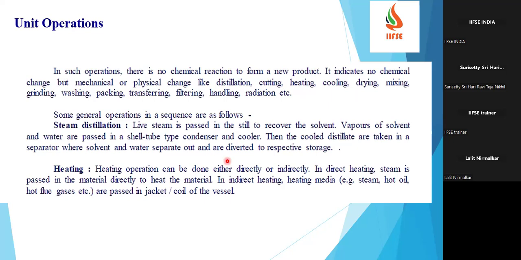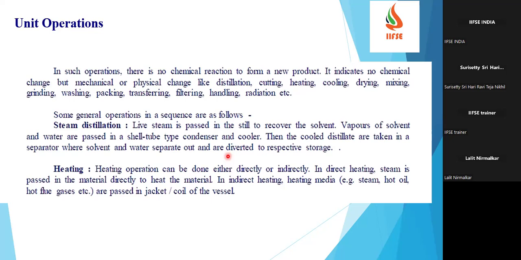But in unit operations, it only changes the physical properties of the material, like liquid to solid, controlling the temperature, washing, packing, etc. Here there is no change in the formula of the chemical.